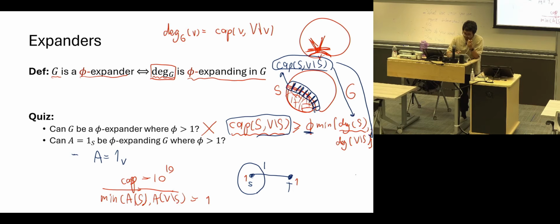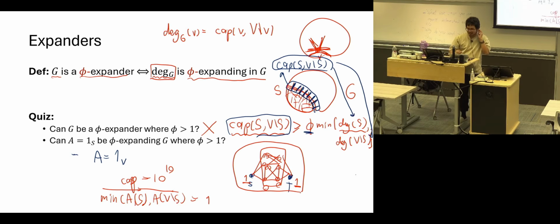But you could even try to build some example that looks like this. It's so well connected here, and the node weighting is just 0 everywhere except S and T. This is still a simple graph. For every pair there is at most one edge, and the capacity is just 1. Then you can still say that A is much more than 1 expanding in this graph.